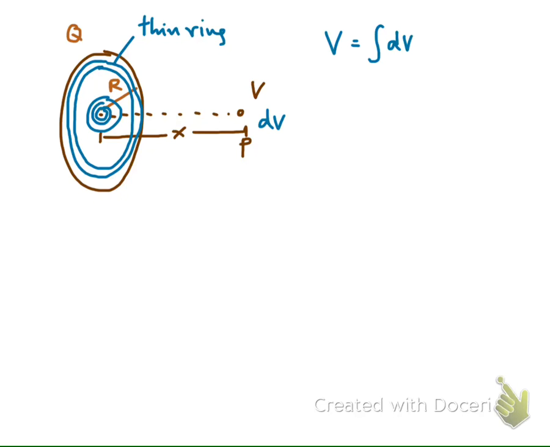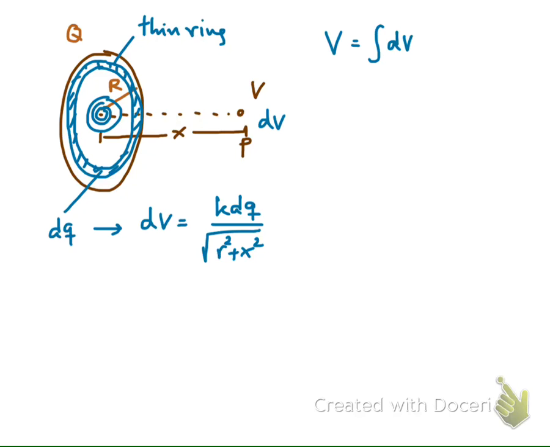And from the previous example we know that if we look at this thin ring, and if the charge on this thin ring is dq, the electric potential from this thin ring is dV equal to k dq over square root of r square plus x square.